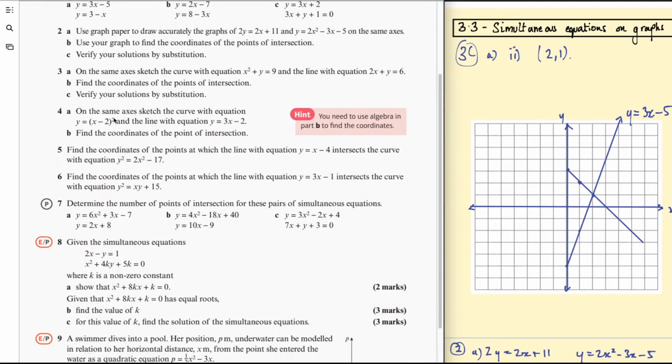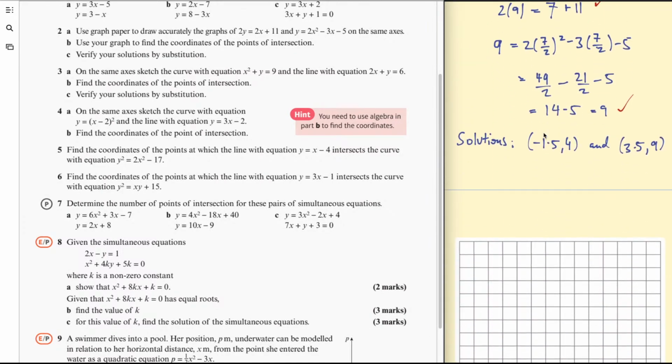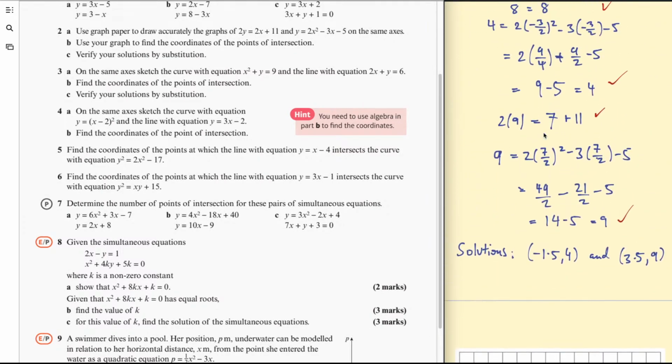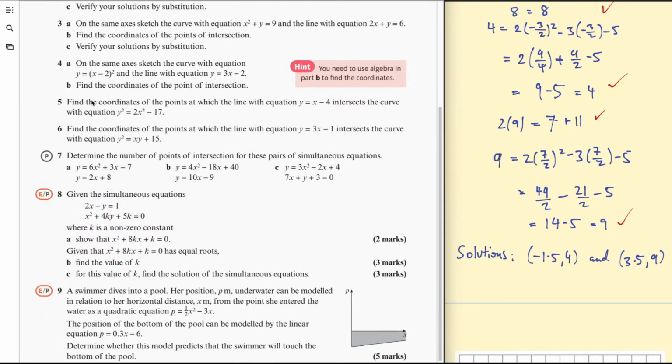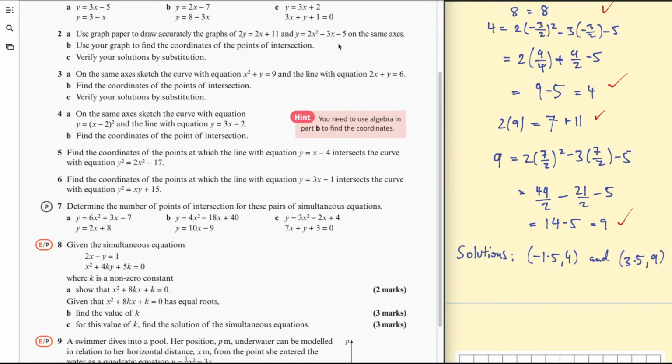Alrighty. I'm not sure I want to do another one of those questions right now. They're quite time consuming. These are all quite similar, it looks like.